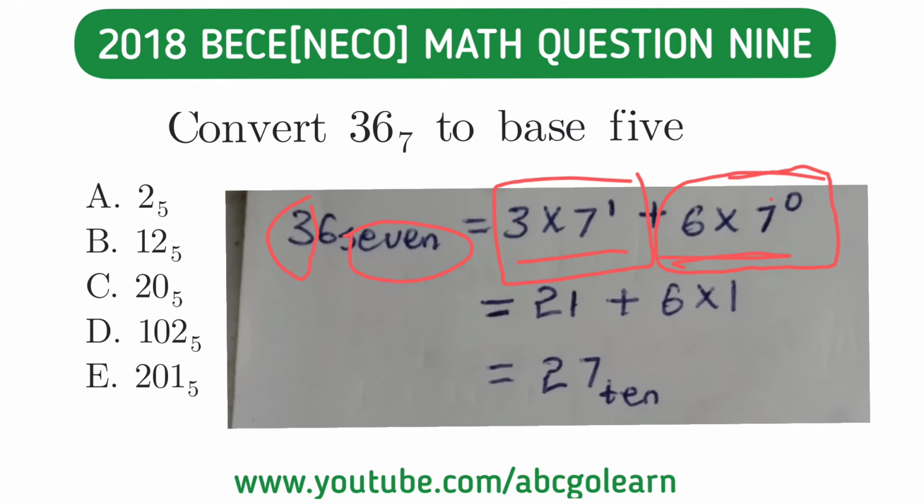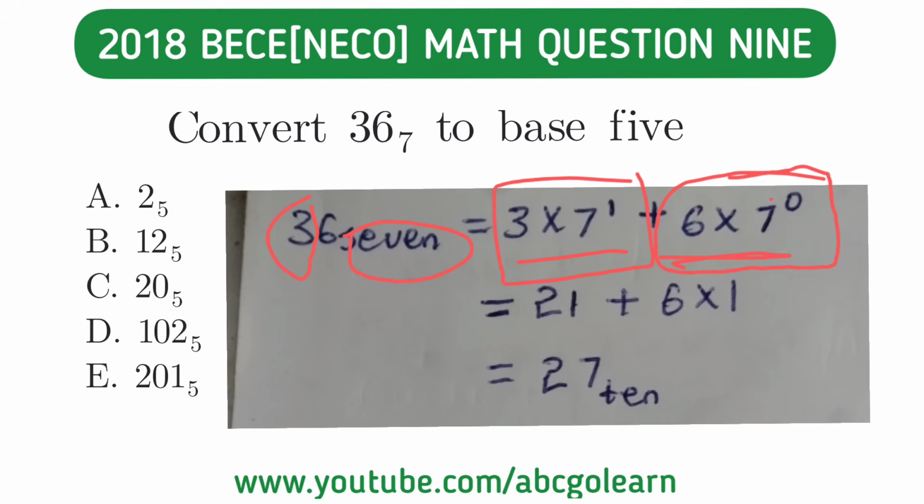After that, the next thing for you to do is to multiply. I told you before that 7 raised to power 1 is the same thing as 7. Even if you've written 7, it still means 7 raised to power 1. So note that. 3 times 7 will give you 21, plus 6 times 7 raised to power 0.